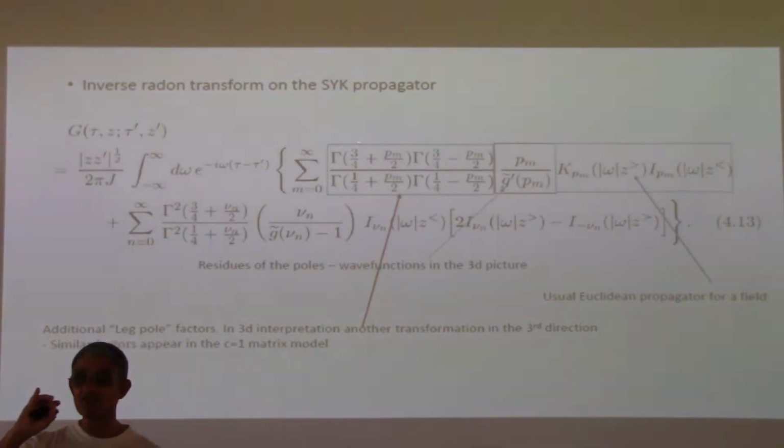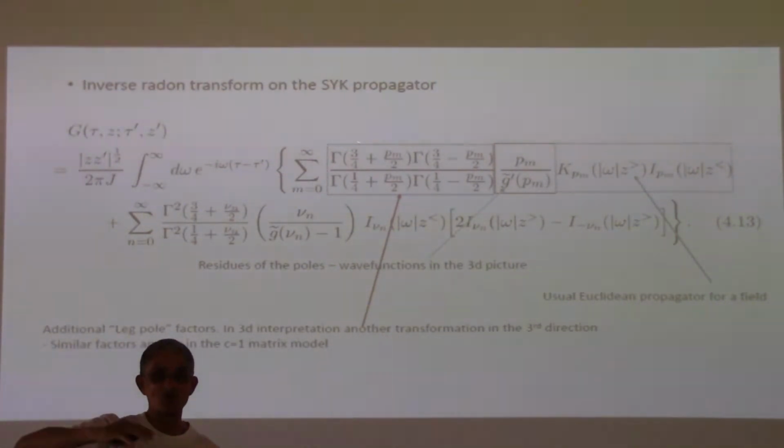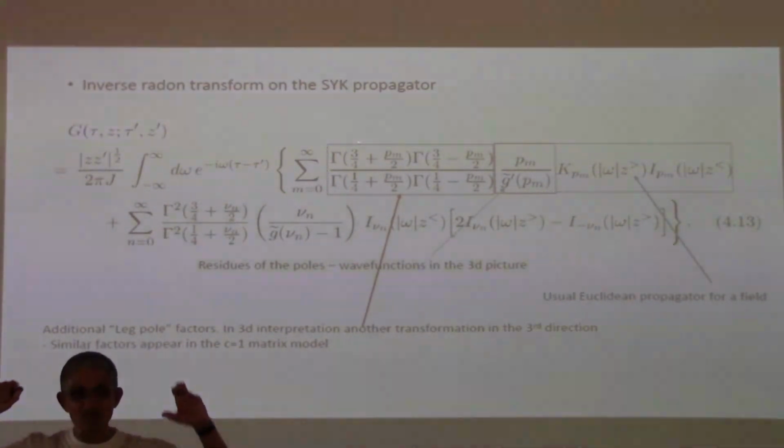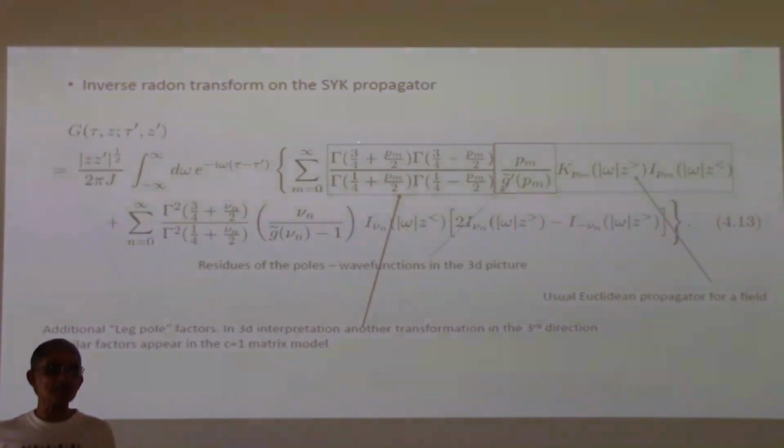These are not really fields, these are the remnants of the higher string modes. So they appear only at particular values of the momentum. These are like quantum mechanical degrees of freedom, and this was something completely invisible when you write this as a collective field theory.